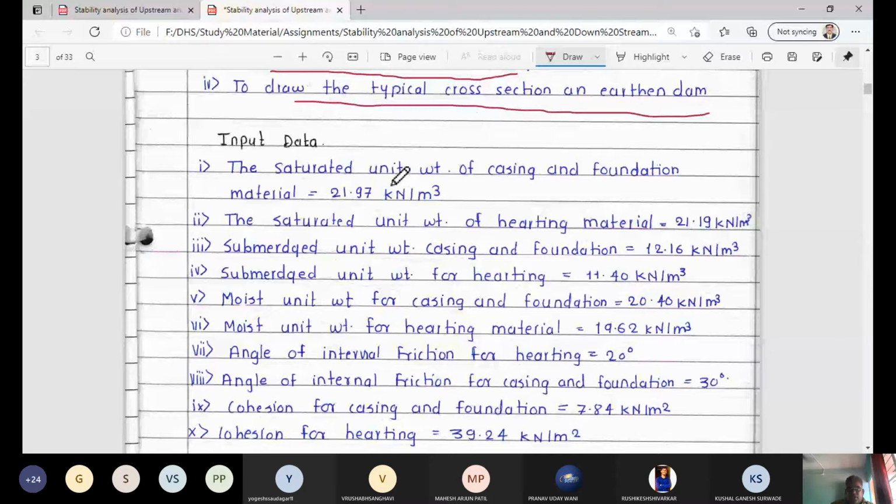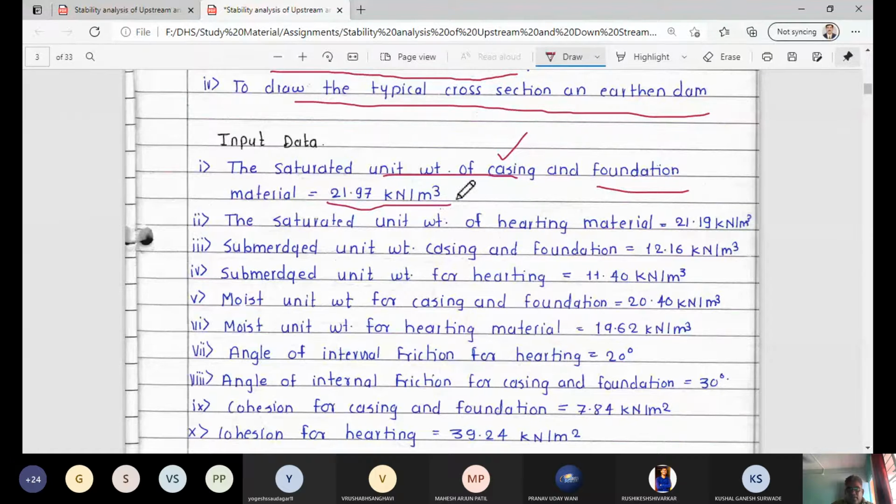The saturated unit weight of the casing, which is the outermost portion of the earthen dam, and of the foundation material is given as 21.97 kilonewton per meter cube. That is gamma saturated. Then the saturated unit weight of the earthing material, that is the central impervious core material.